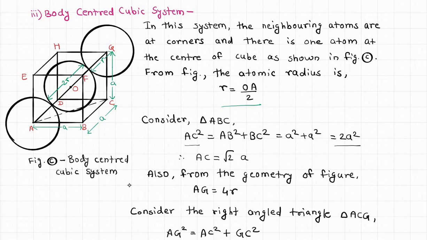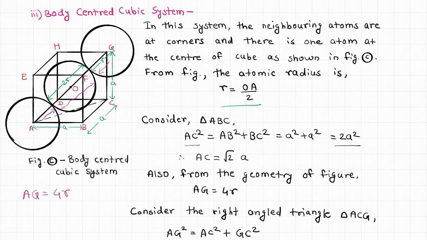Also, from the geometry of the figure, AG is equal to 4R. So, AG is R plus twice R plus R. Therefore, AG is equal to 4R. Now, consider the right angle triangle ACG. Here also, we use Pythagoras theorem.